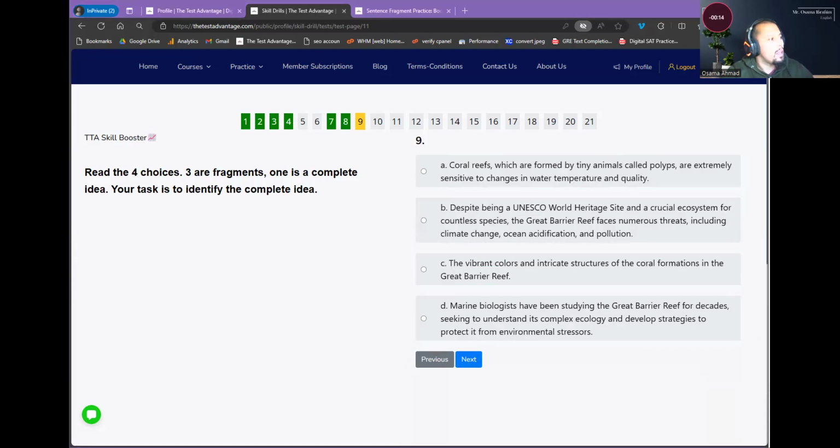Question number 9. Identify the complete idea. I think this one also, because you're gonna have quite a few number of answers here.